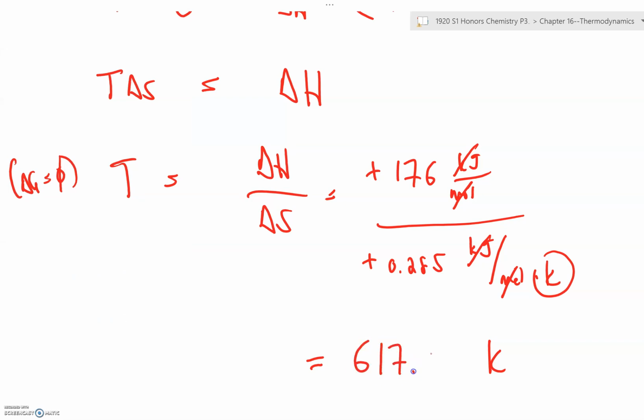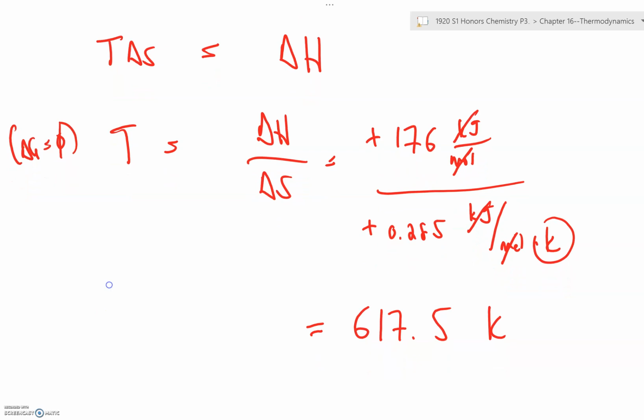617.5 kelvins. No need to convert it to Celsius unless you want to. No need to round up unless you want to.